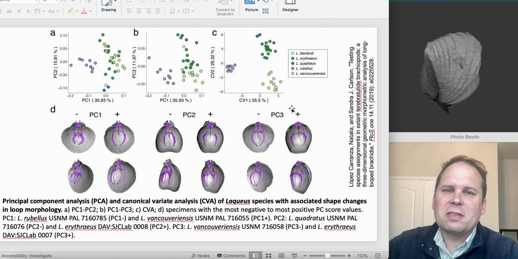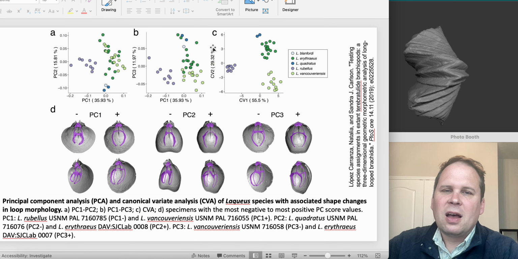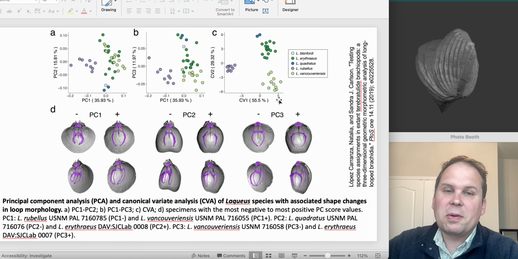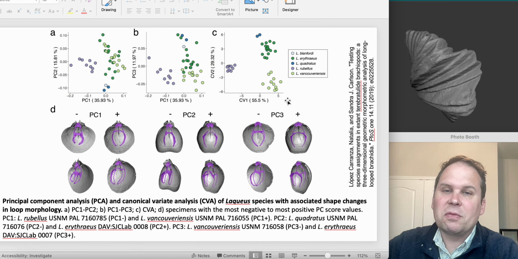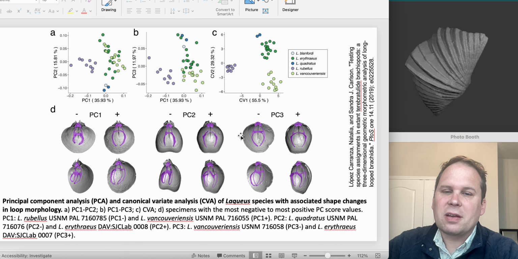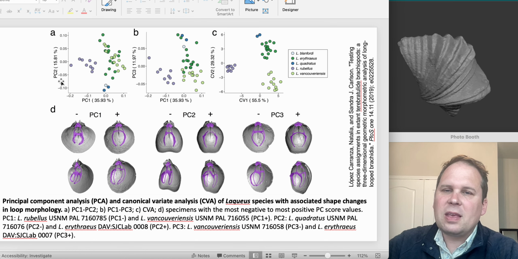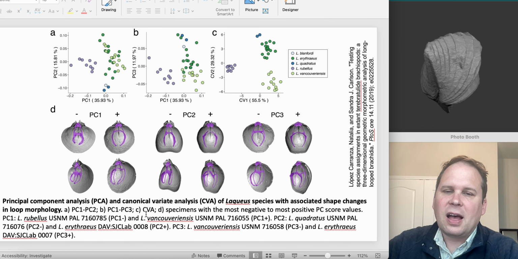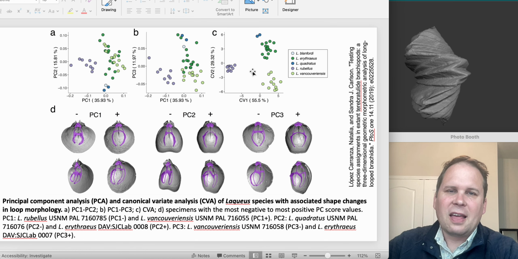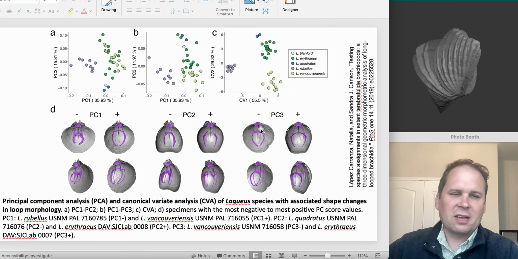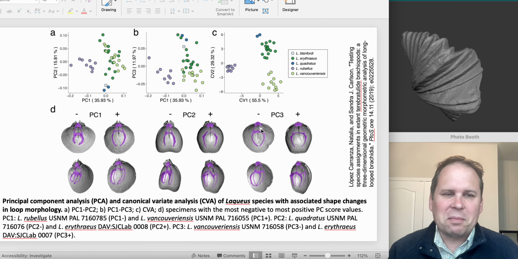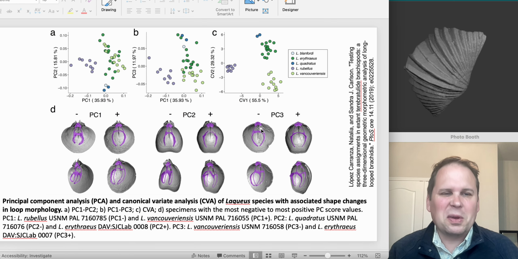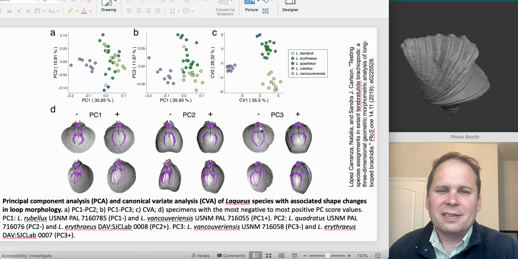So here are 5 different species, and you can see on some of these principal component analyses, they're actually really different from each other. The difference between the principal component analysis and the CV is a different style, canonical variate analysis, and they're saying that works a little better for this particular kind of brachiopod. That's not important. It's just a different way of doing more or less the same thing.